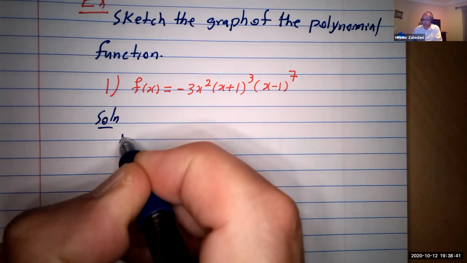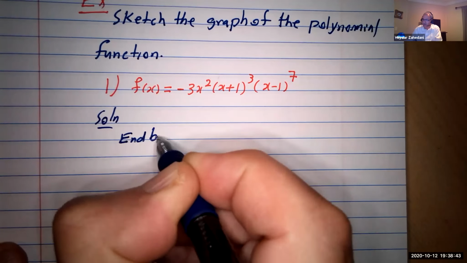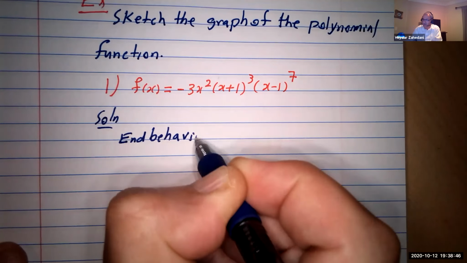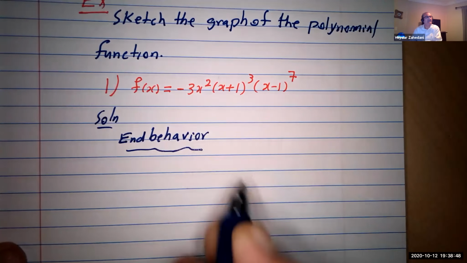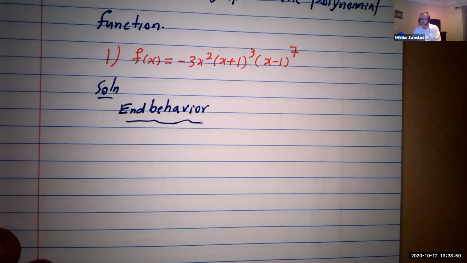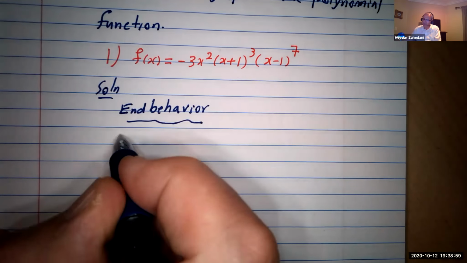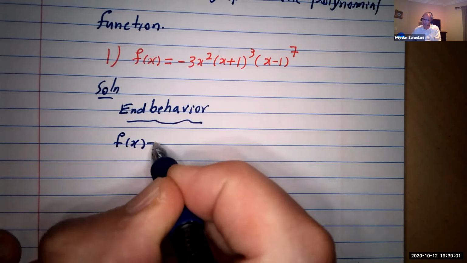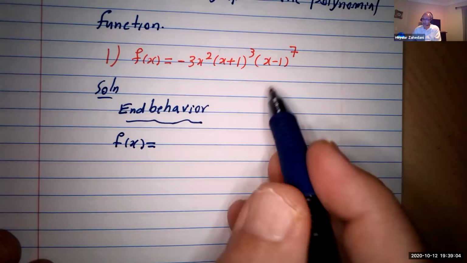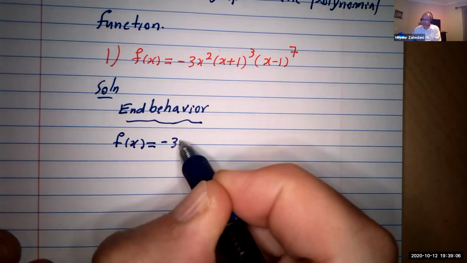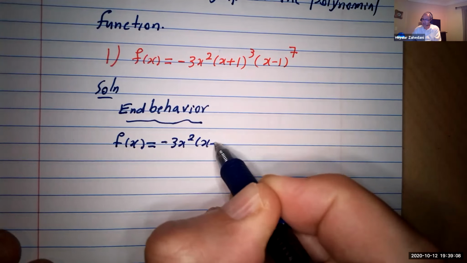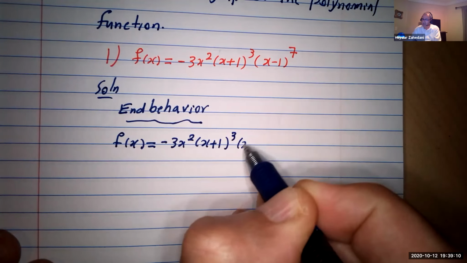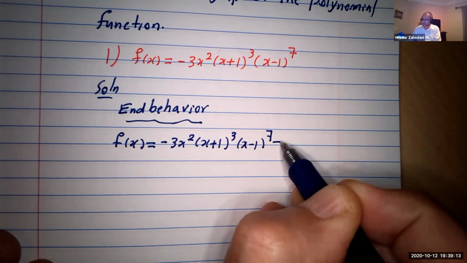Step 1, end behavior. Those infinities. You need the leading term, the term containing the highest power of x. Let's find it. f of x is equal to negative 3x squared times x plus 1 to the 3rd times x minus 1 to the 7.